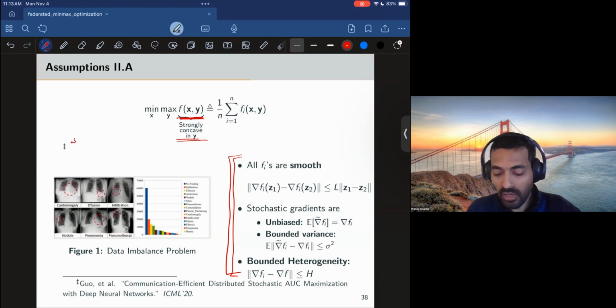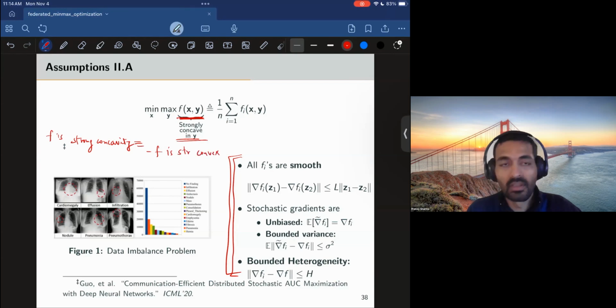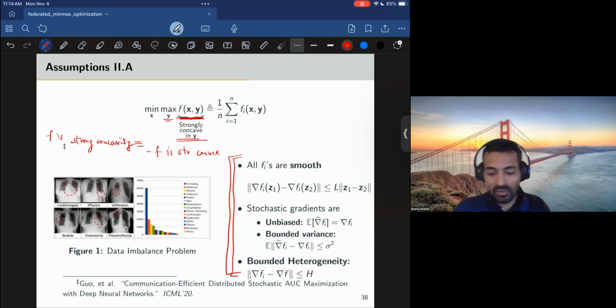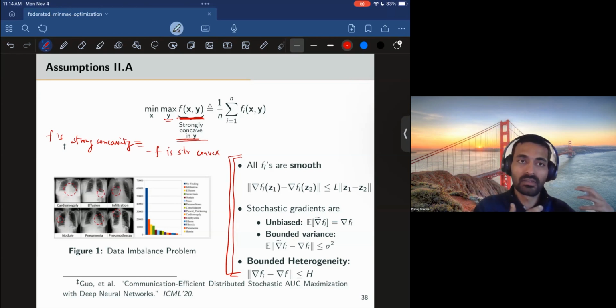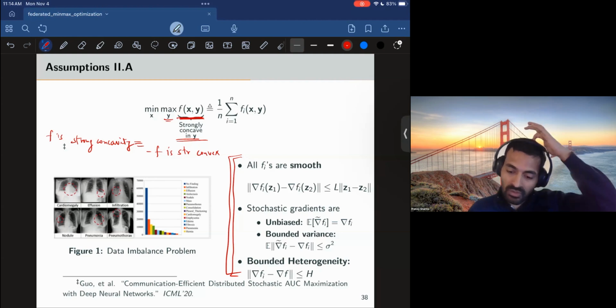Recall that f strongly concave is the same as minus f strongly convex. So essentially, it means that in the maximization variable, we are imposing strong concavity, or strong convexity if you reverse it. So it's a lot more structure in the maximization variable, because we saw that for strongly convex functions there is exponential convergence to the solution.